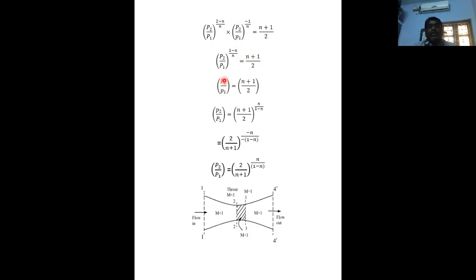Again we simplify: P2 by P1 is equal to n plus 1 by 2 power of n divided by 1 minus n. Simplifying again, 2 by n plus 1 power of n divided by n minus 1. Finally we get the equation P2 by P1 equal to 2 by n plus 1 power of n divided by n minus 1.